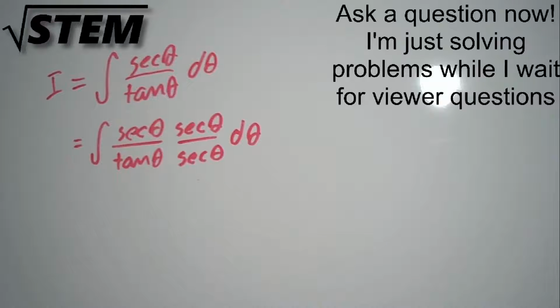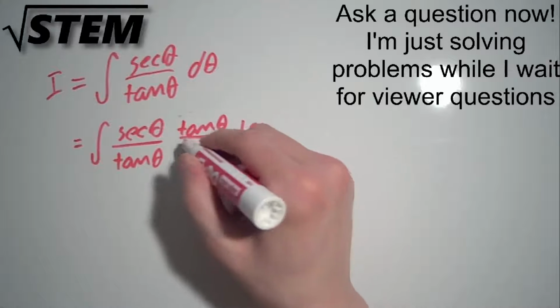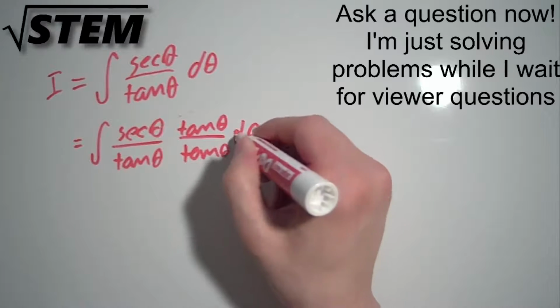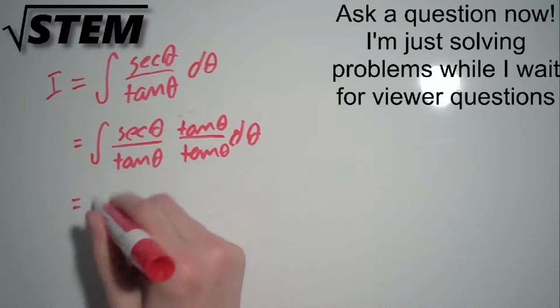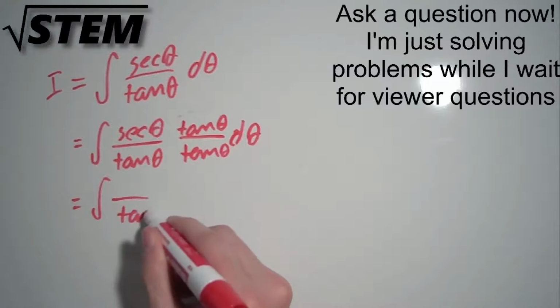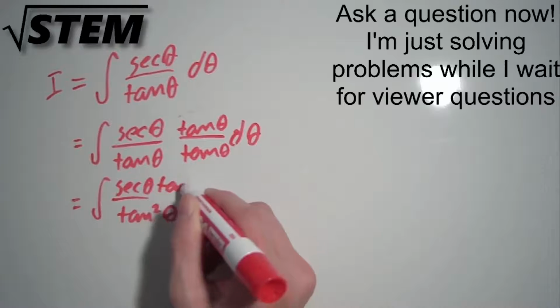What if we did tangent over tangent? Well, that... okay. Yeah. So, this is tangent squared with secant tangent on top.